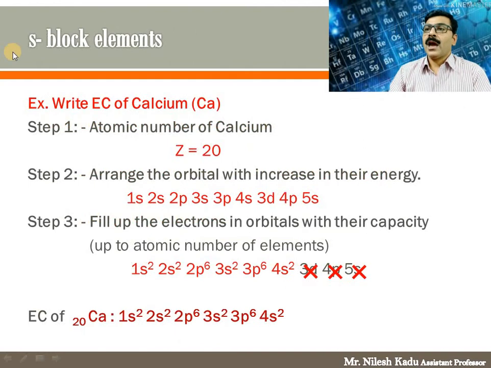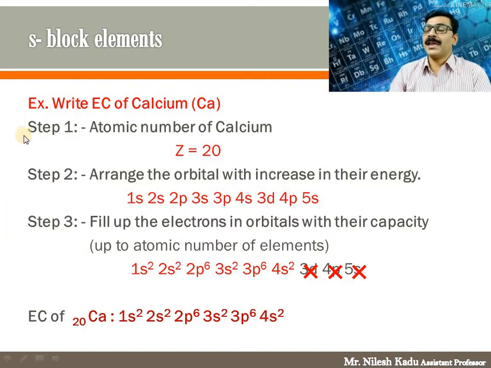Now let us see how to write the complete electronic configuration of an s block element. Just for example, how to write the complete electronic configuration of calcium. Friends, calcium is an s block element. It is present in the second group, but for writing the complete electronic configuration of any element in the s block, you have to follow three steps.